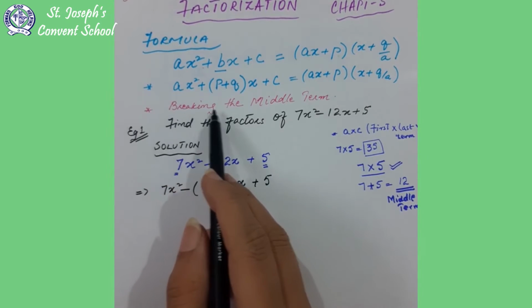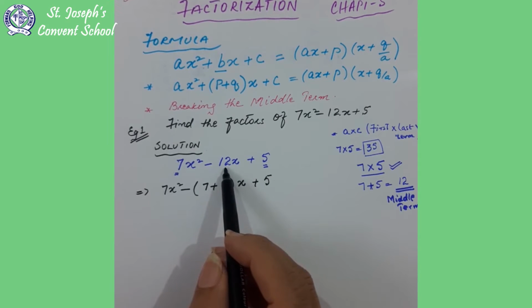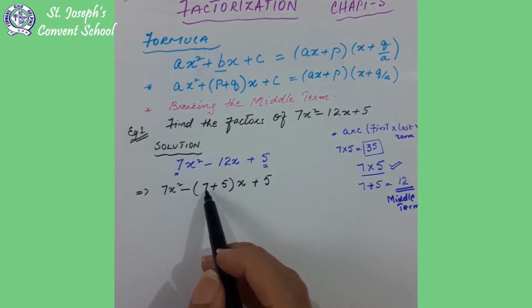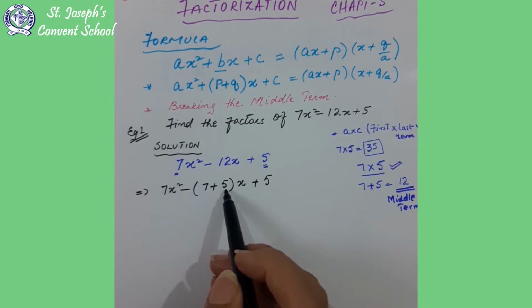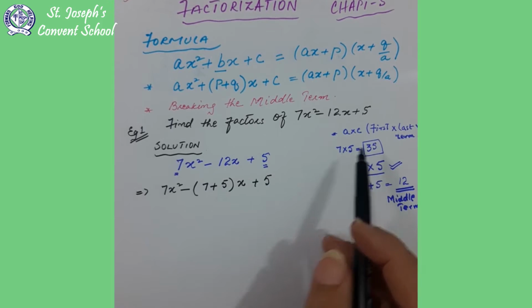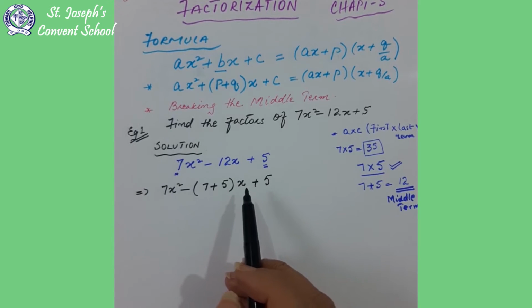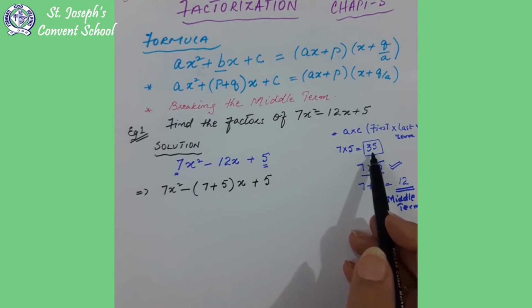I have written here breaking the middle term, so only break the middle term 12. Find two factors, 7 and 5 are the two factors, because product of 7 and 5 is 35. So add the same factors. Okay, same numbers, don't write any other number, only the factors of 35.